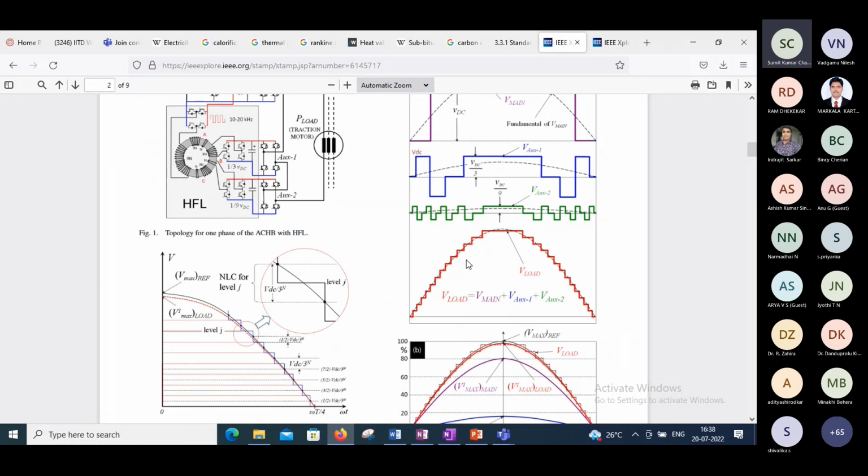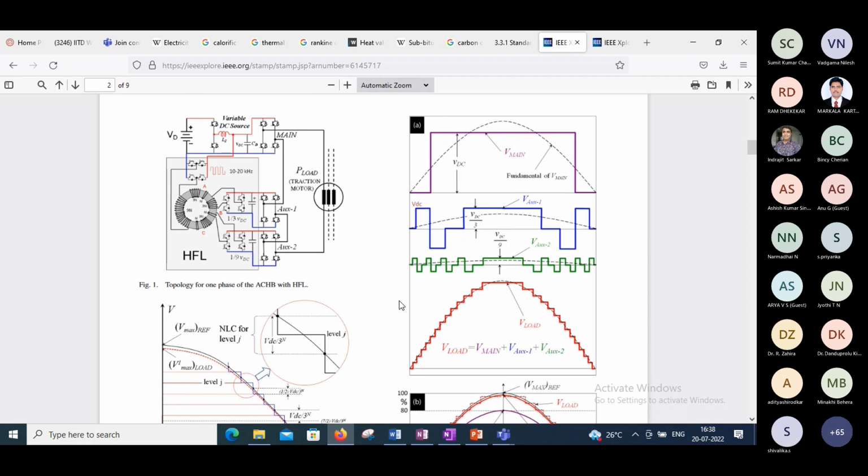But again, this disadvantage of close approximation remains when it operates at a higher modulation index. As the modulation index reduces, the peak magnitude will reduce, and the number of levels will reduce. So a combination of PWM and this nearest level control will be required to maintain power quality below a particular modulation index.